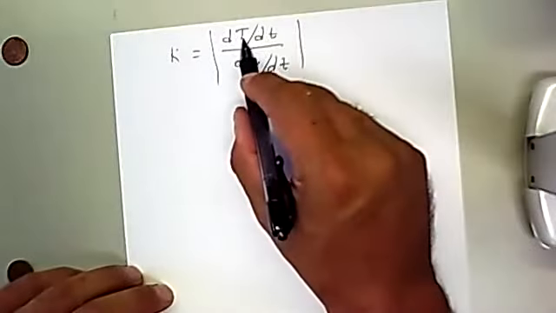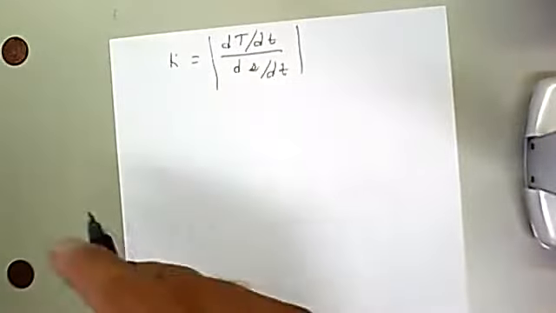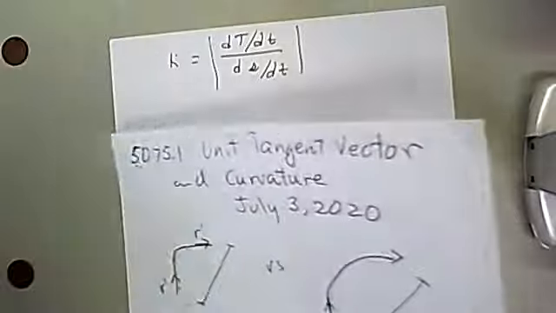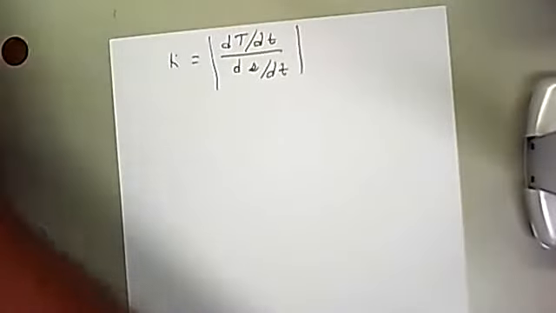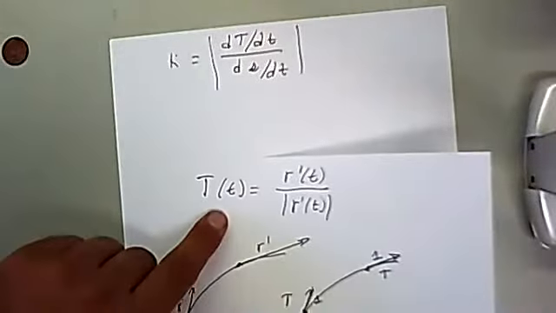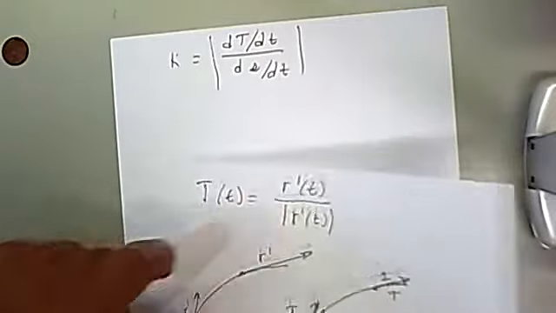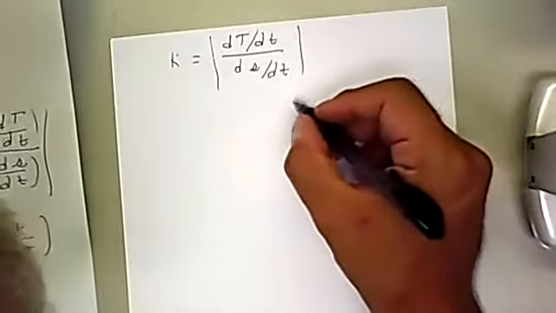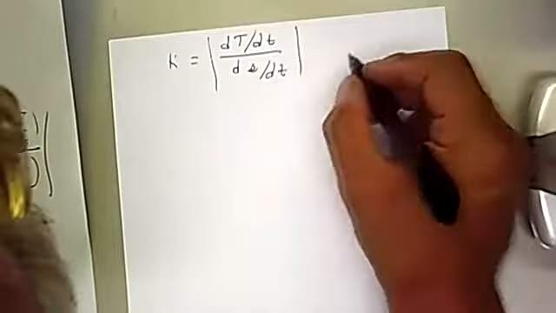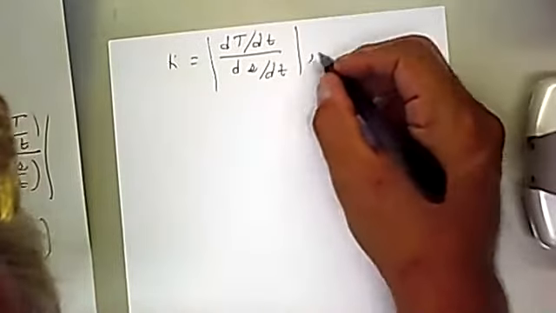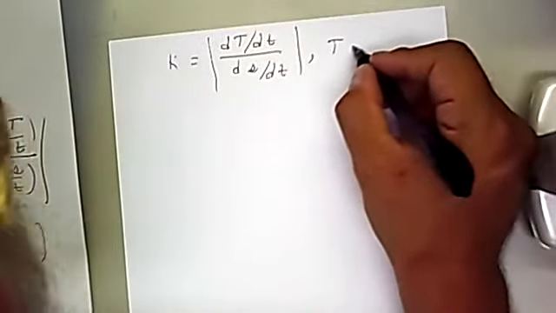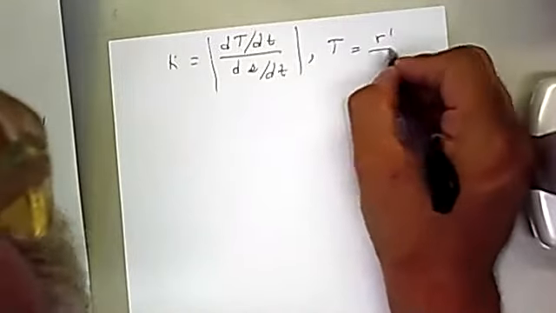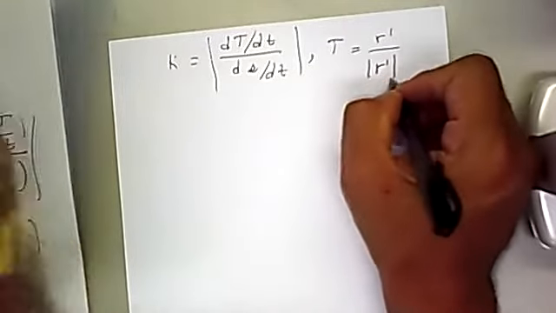So first we have to find T. In order to find T, we have to find r prime and then divide by the magnitude. So capital T equals r prime over the magnitude of r prime.